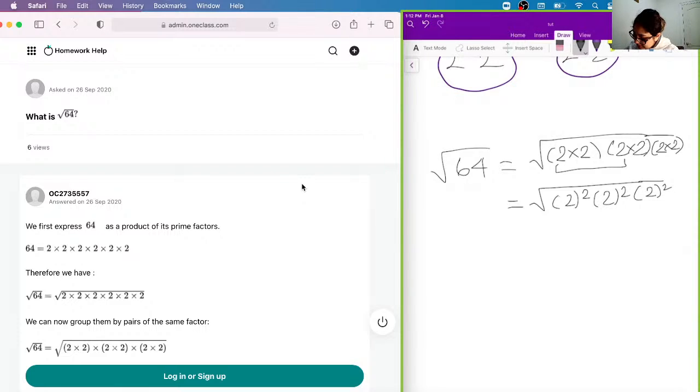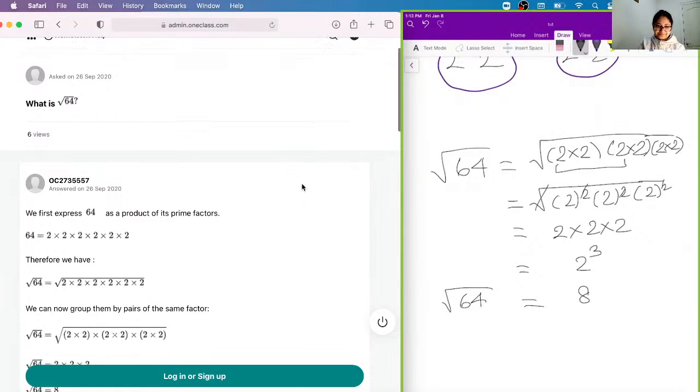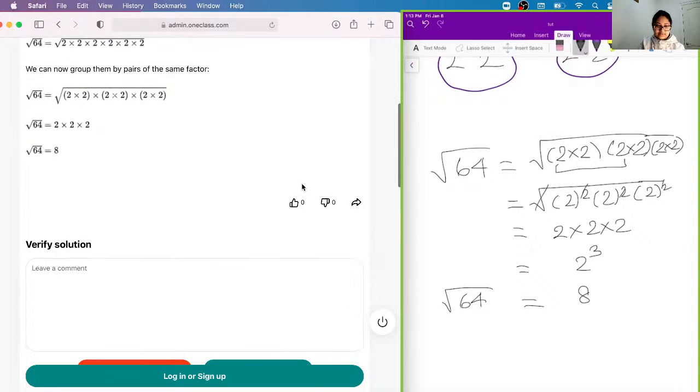And in this case, your squares would get cut out because of the square root, so you're just left with 2 times 2 times 2, and so 2 times 2 times 2 is basically 2 cubed, and this is equal to 8. So the root of 64 is equal to 8. And so this is correct.